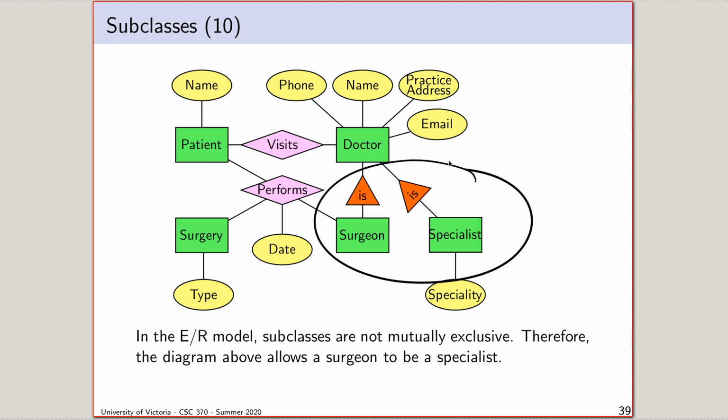Interestingly, it turns out that we're not actually allowed to define the is-not relationship. The ER diagram doesn't give us any easy way of deciding that a surgeon may not be a specialist. The is specifier allows somebody to fall into both subtypes. If we wanted to restrict somebody from being in more than one subtype at a time, we would have to fall back on adding some software constraints to our eventual database. The ER diagram doesn't really give us an easy tool for that.